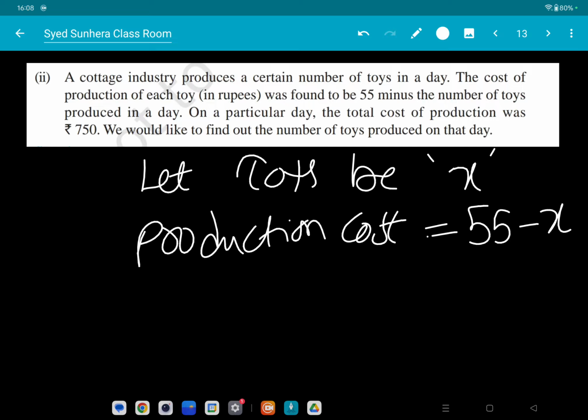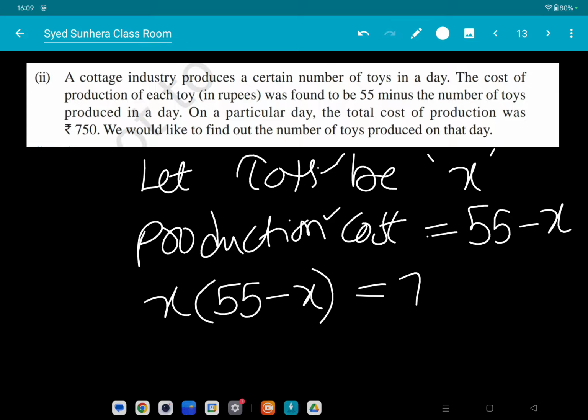And it was given that on a particular day the total cost of production was 750. How will we get the cost? By multiplying the toys and the production cost. So by multiplying the toys and the production cost, we will get the money given, 750.